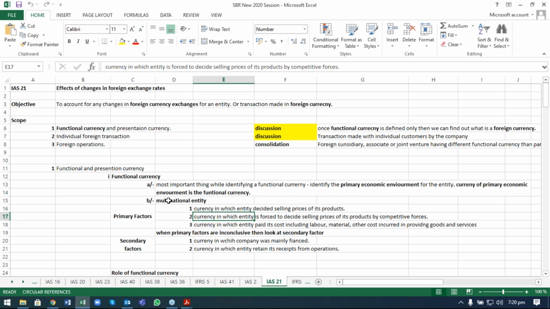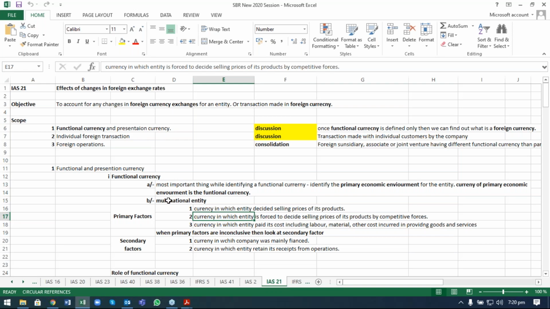In most cases, a company might not be able to ascertain its own selling price because the company doesn't have a hold in the market. It doesn't have much good reputation within the market. So it is possible that the company is going to set its prices based on the prices set by the competitors, right?